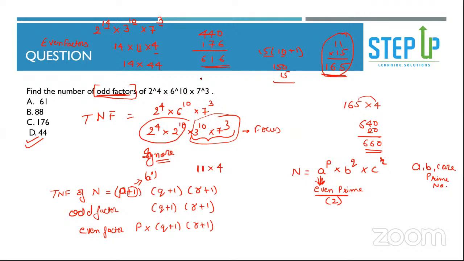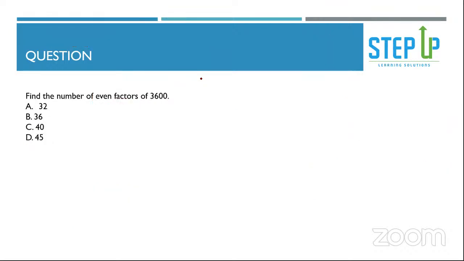Okay, so now try to answer this question, and then we are good with this. Find the total number of even factors of 3600. Even factors of 3600.